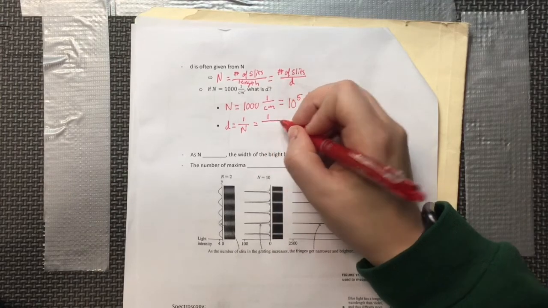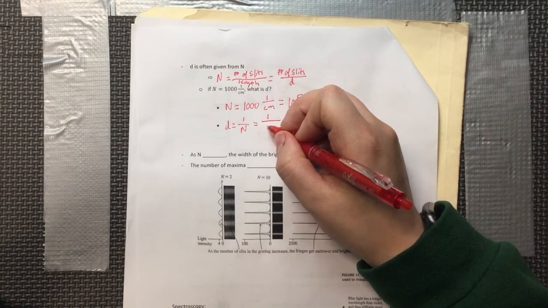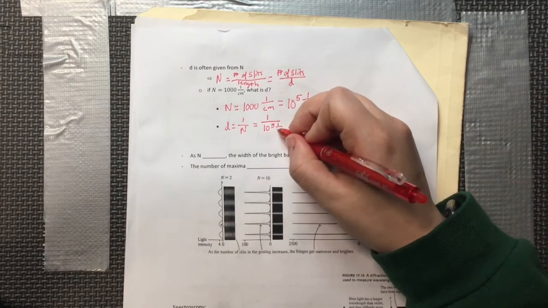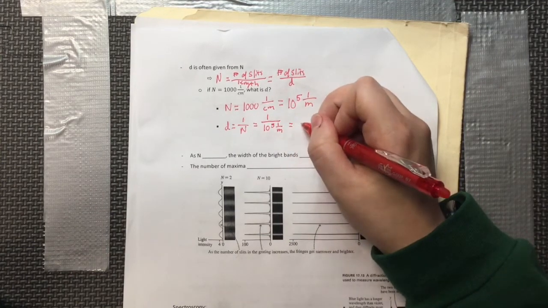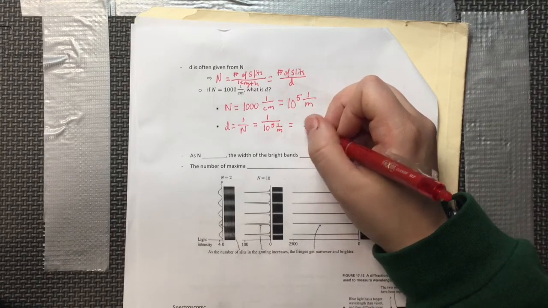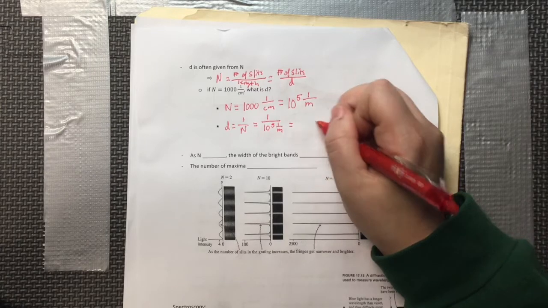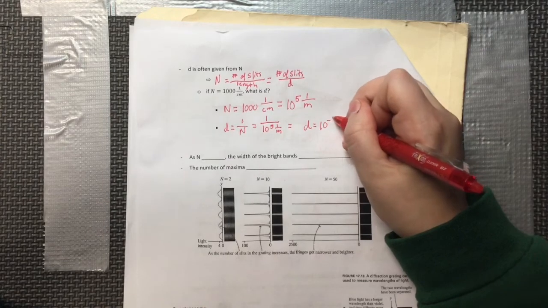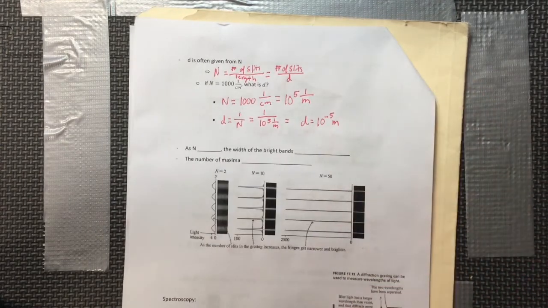So that equals 1 over 10 to the 5 inverse meters, which will then say that each of these slits has a spacing of 10 to the minus 5 meters. So there is one slit for every 10 to the minus 5 meters. That's what that's saying.